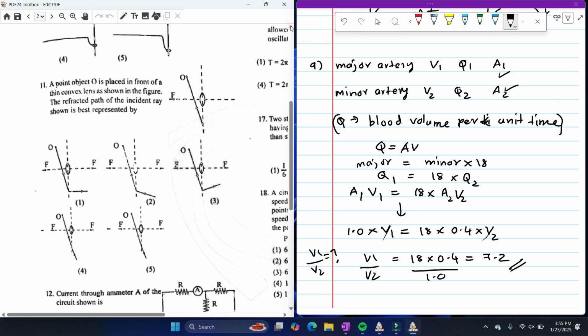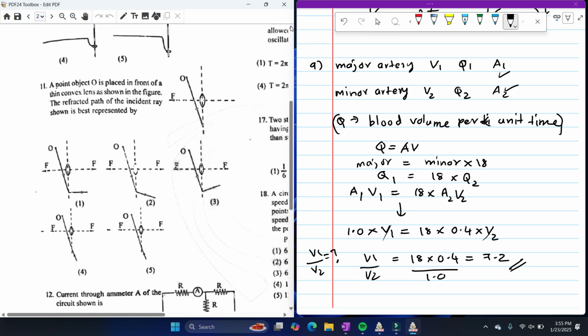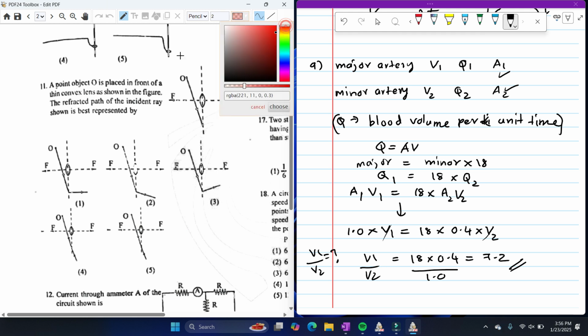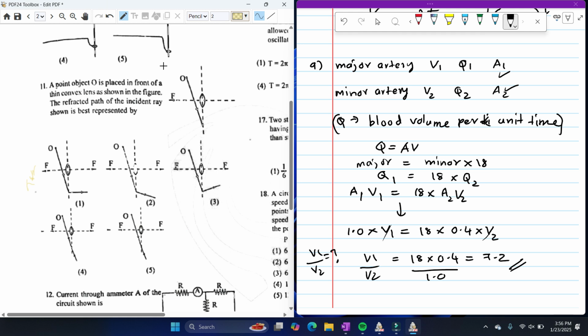Okay, now okay. See the color. I have no idea what's going on.